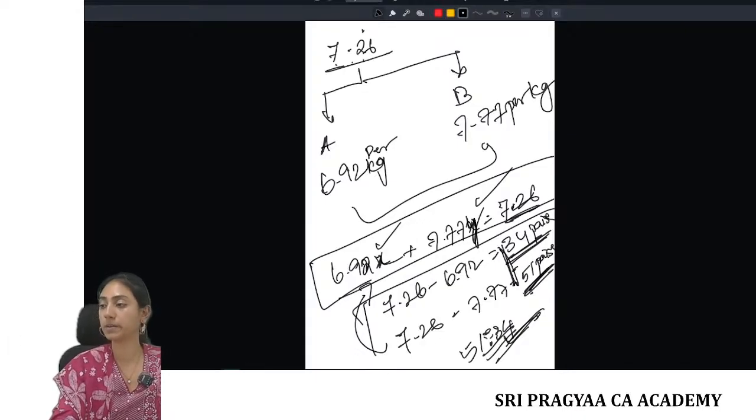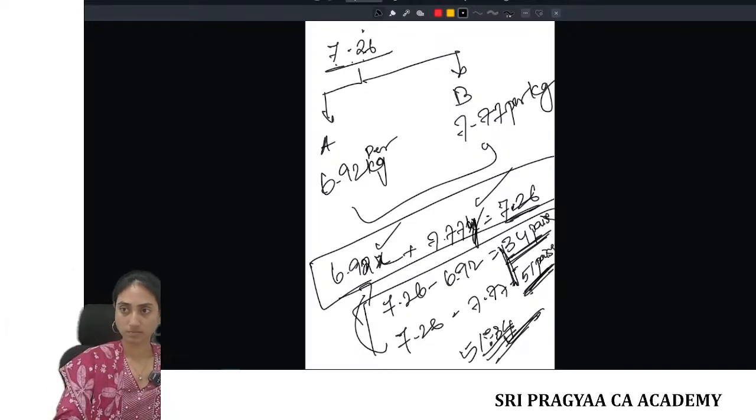Correct? Your selling price is given in per kg. In what proportion?